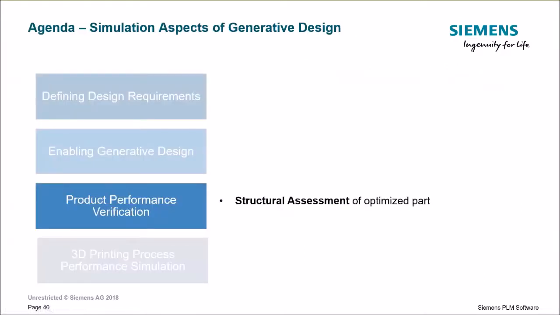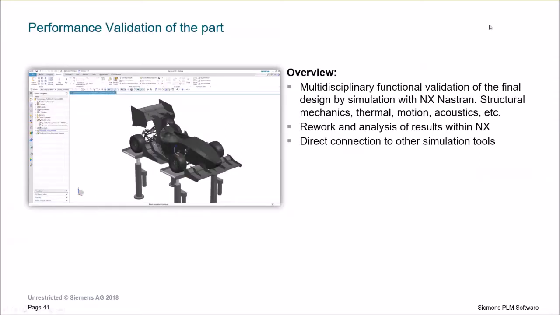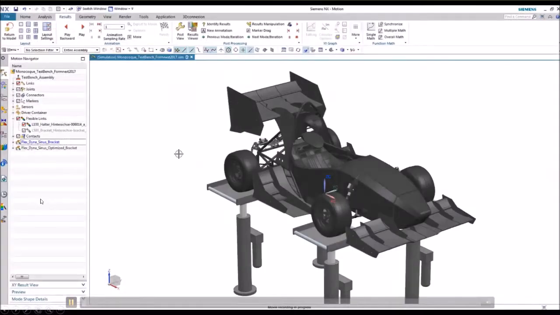So once you found an optimal design, then you might, in most cases, have to go through a short performance validation loop. I'm going to quickly show you what is possible here.